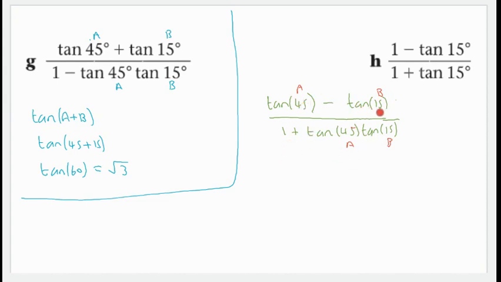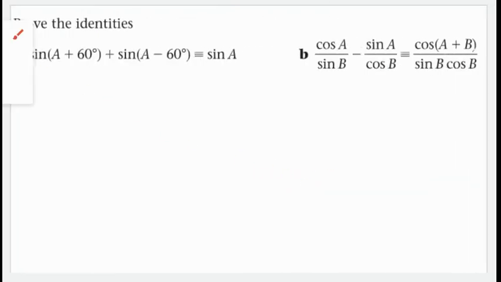We have tan A minus tan B over 1 plus tan A tan B, which means this is tan of A minus B. And that is tan of 45 minus 15, which is equal to tan of 30, which is equal to 1 over root 3, knowing our exact values, or we can say that this is the same thing as root 3 over 3 by rationalizing. Okay, next, prove the identities.